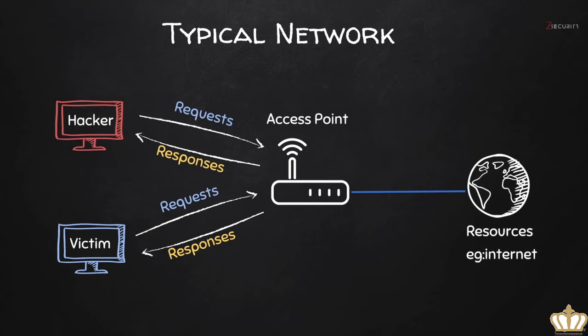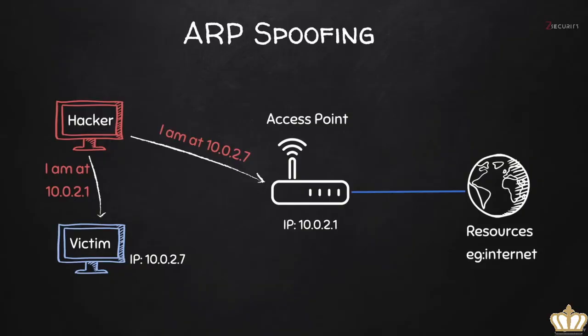Now what we can do is exploit the ARP protocol and send two ARP responses, one to the gateway and one to the victim. We're going to tell the gateway that I am at the IP of the victim. So the access point will update its ARP table and associate the IP of the target with my MAC address.